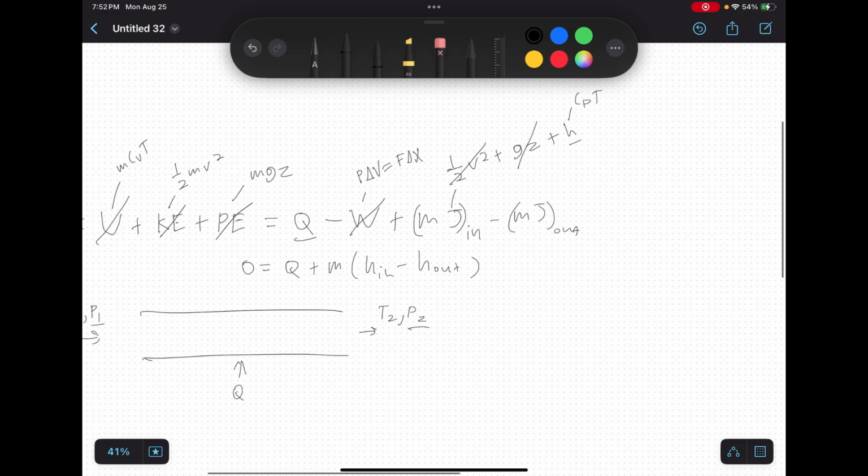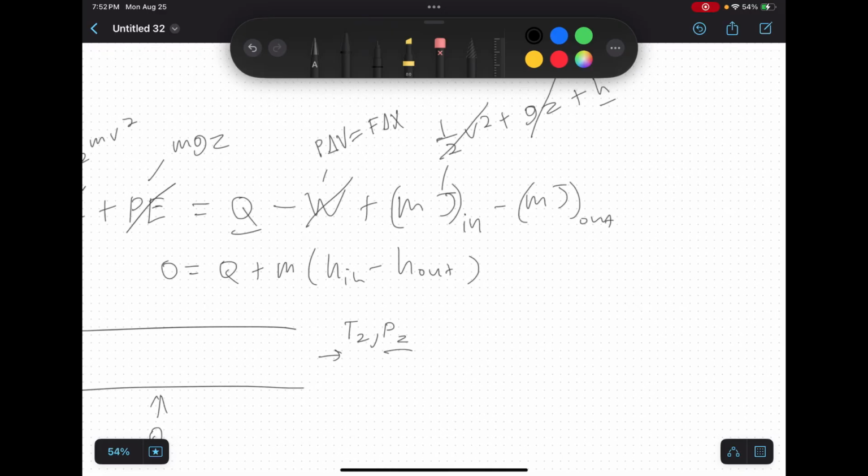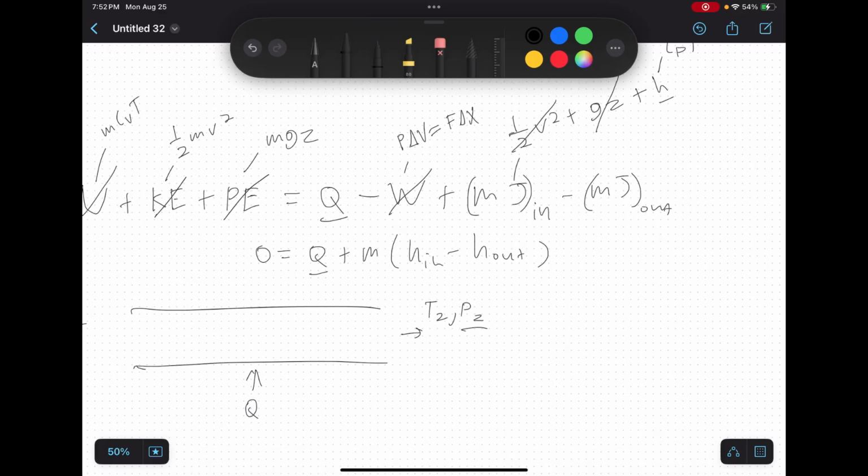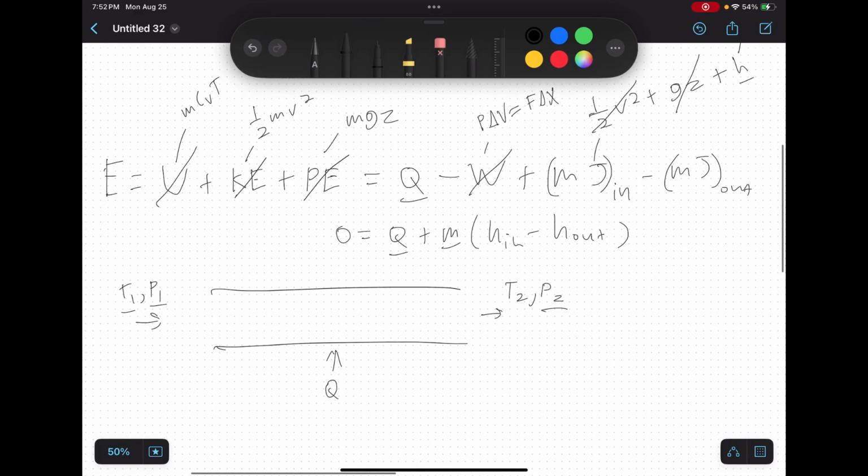Cool, and if you are using a program like EES, or literally just any online thermodynamics tool, you can solve for this because you know Q, let's assume you know m also, and H is a function of T and P, and you know both of those. In this case, you know P2, but you don't know T2, and you can solve for T2 that way.